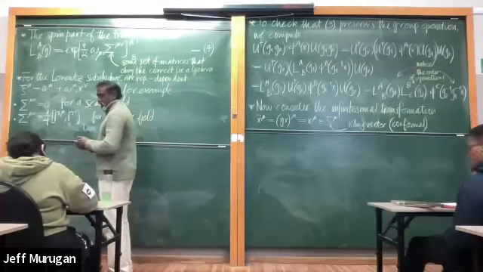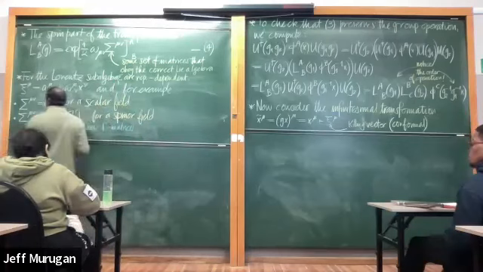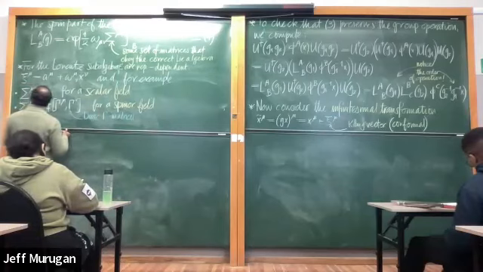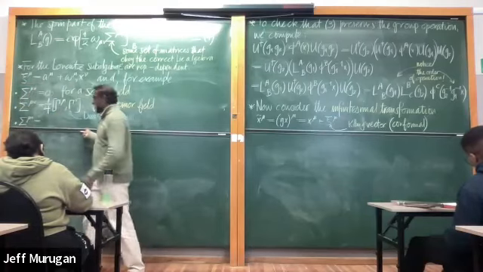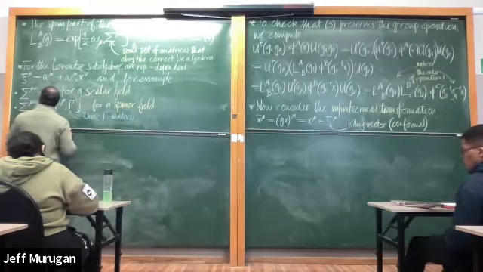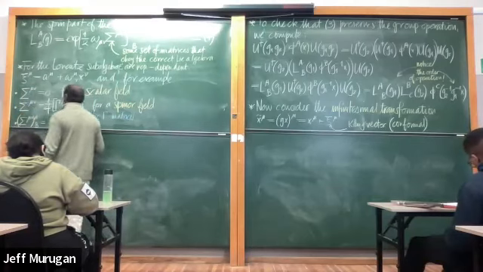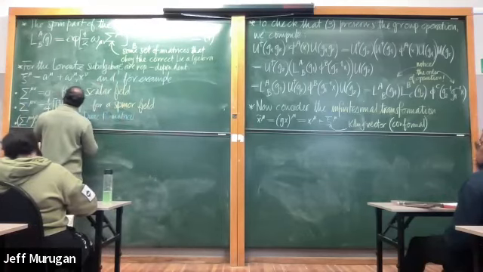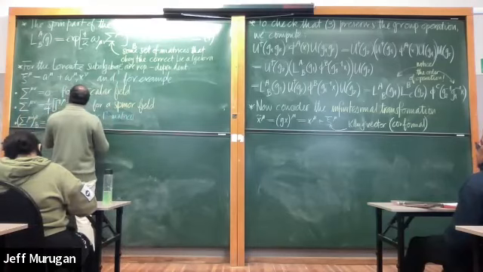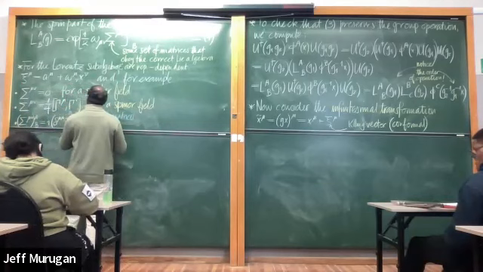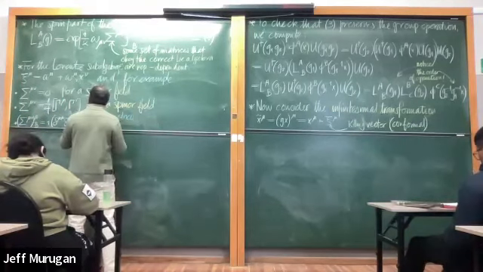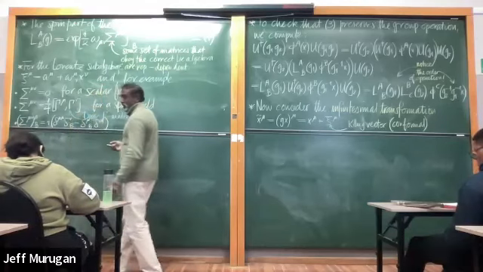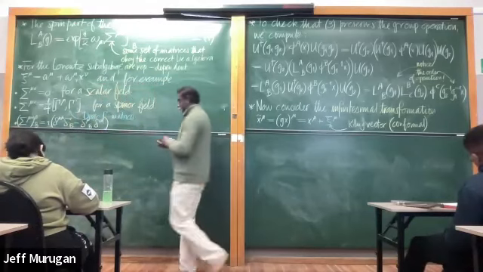And sigma mu nu AB is equal to i times delta mu A delta nu B minus delta mu B delta nu A. So just conjugate deltas for a vector field.